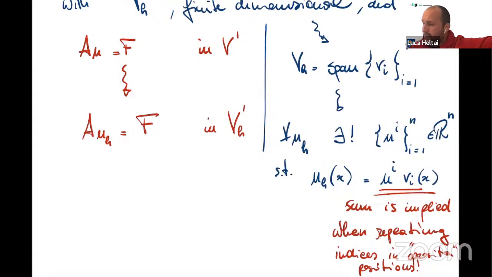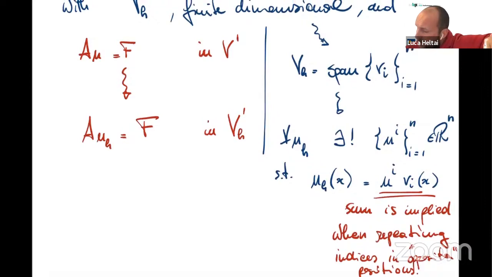Every function UH can be written as a linear combination of the basis functions and the coefficients. And in particular, since the space is finite dimensional and the bases are linearly independent, we know that there exists a unique object that does this. Okay? There's a unique set of UIs that univocally represents our basis functions. The fact that this is true tells you that any finite dimensional space is homomorphic to Rn.